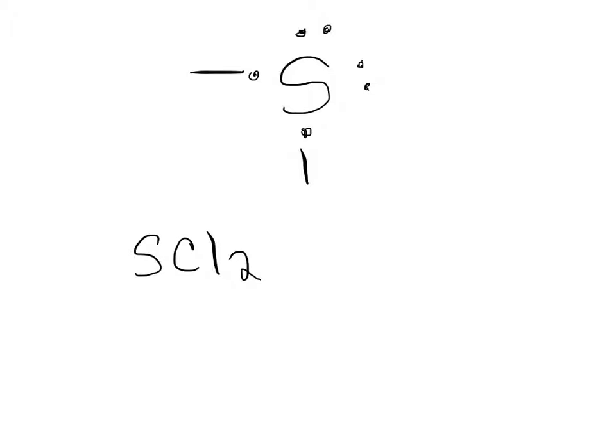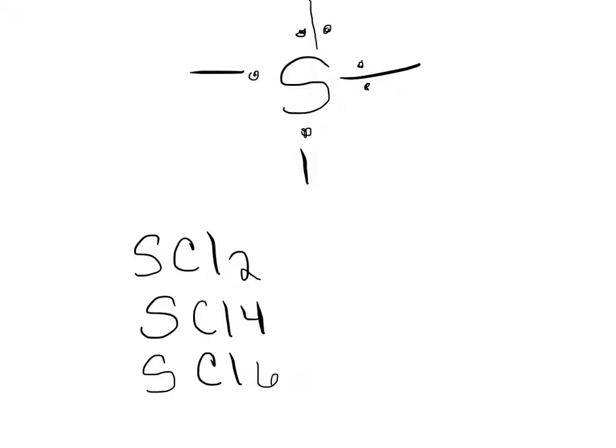But you can use some energy and unpair these two p electrons, and then you would have four singles, and you can make the compound SCl4, and you could also unpair this S pair. And you'd have six single electrons, and sulfur could bond 6 times with chlorine. So sulfur and chlorine actually can make 3 different formula compounds.